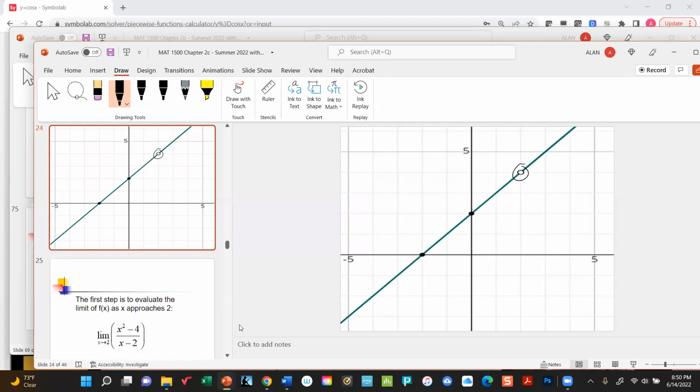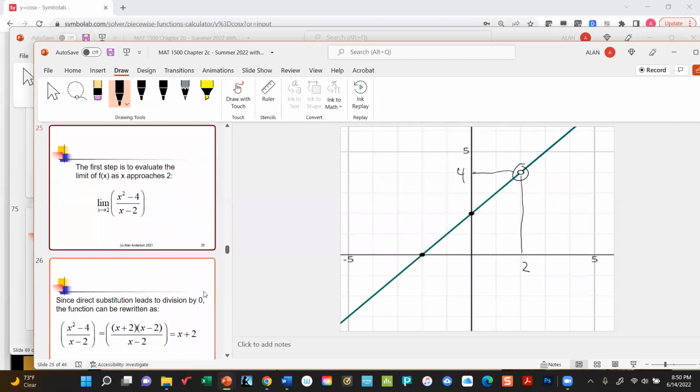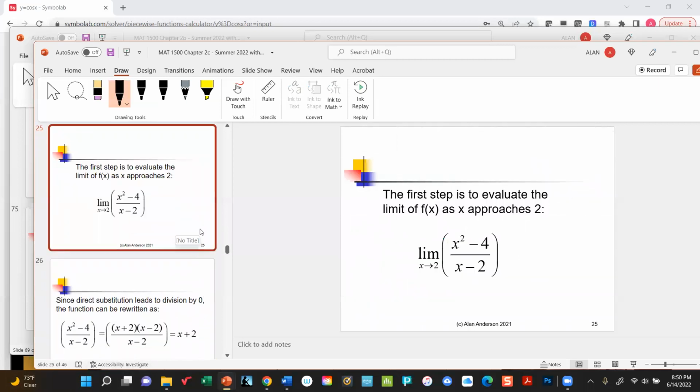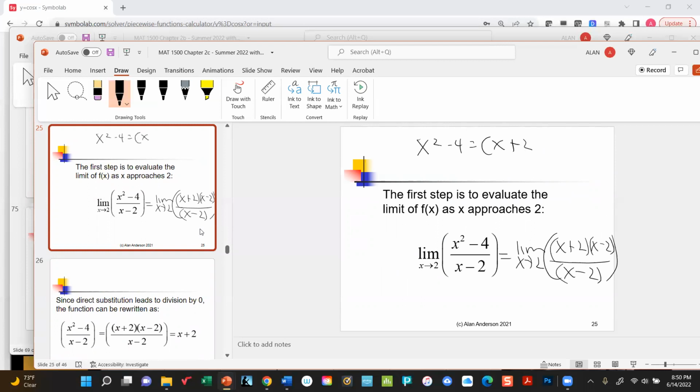And so as we've seen many times before, we can find this limit if we take our original expression and rearrange it algebraically. So I factored x squared minus 4, which you can double check with FOIL.